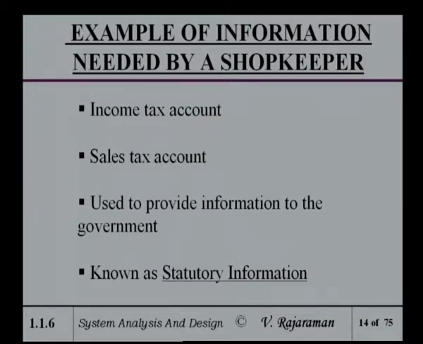The sales tax authorities find out how much you have sold and tax you accordingly. So sales tax returns have to be filed at the end of a specified period. Similarly, income tax accounts have to be filed at the end of each year. And there may be other kinds of information which you may have to provide to the government.